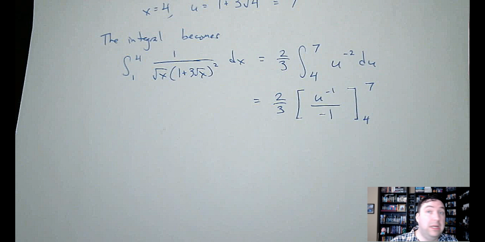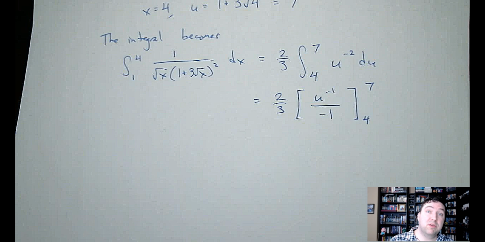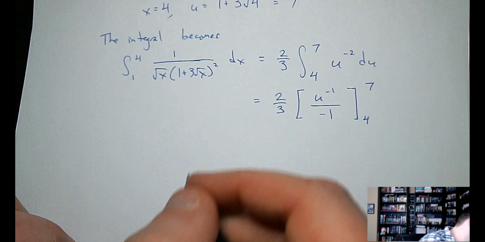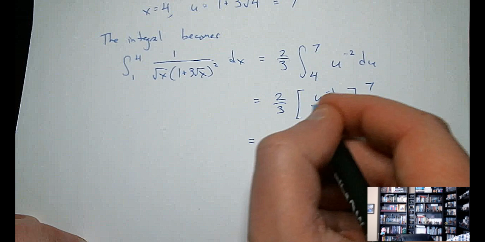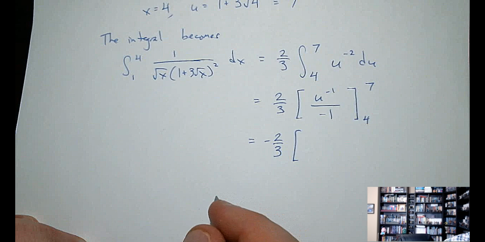We can just plug in u equals 7 and u equals 4, and the fundamental theorem of calculus applies just as well in terms of the new variable u as it would if we switched everything back into terms of x's.